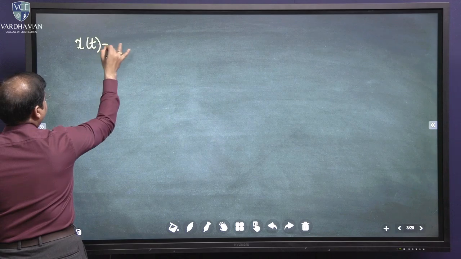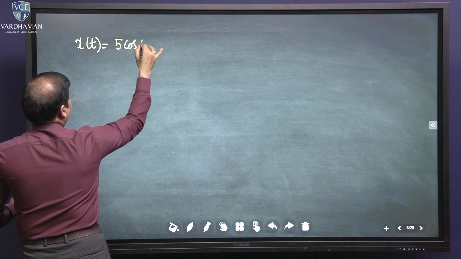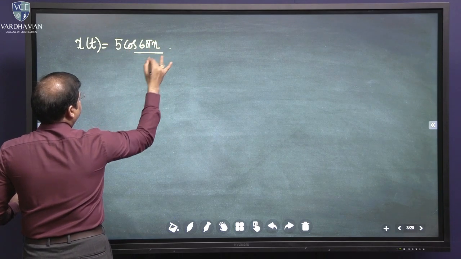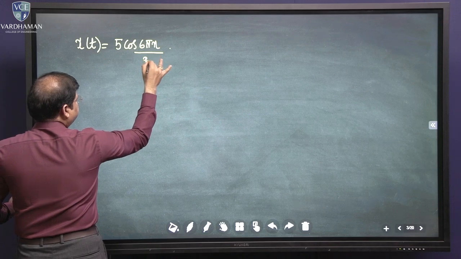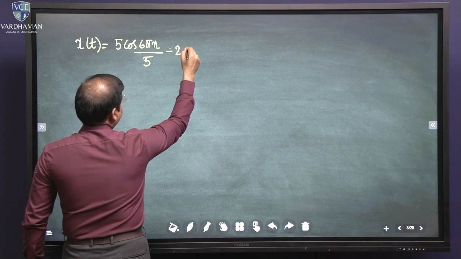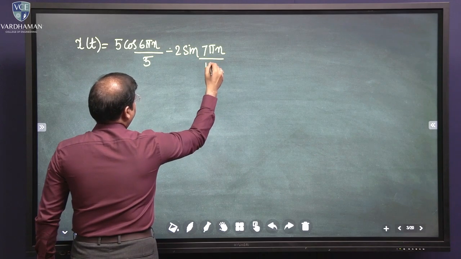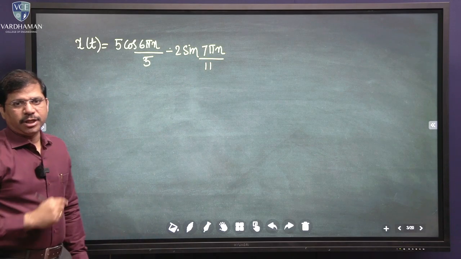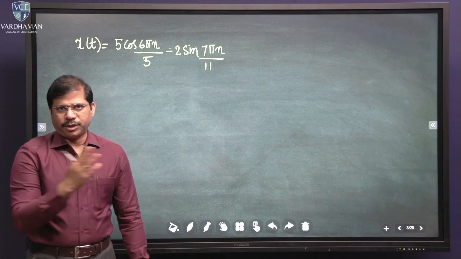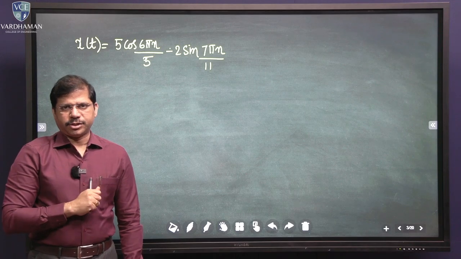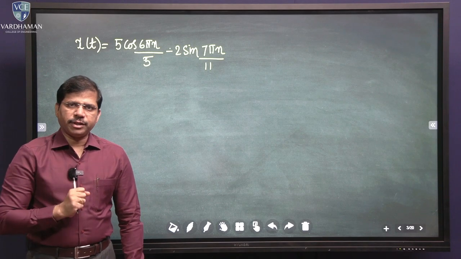Suppose x of t equals 5 cos 6 pi n by, let's say, 5, minus 2 sine 7 pi n by, let's say, 11. This is actually a linear combination of two signals, as I explained in the continuous time domain also. Now how do you find the time period of this?